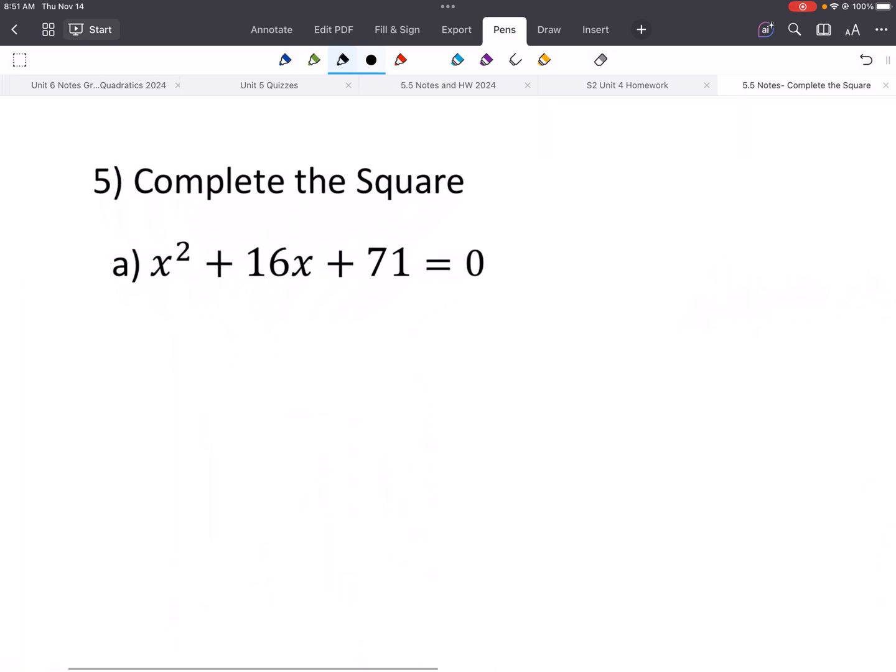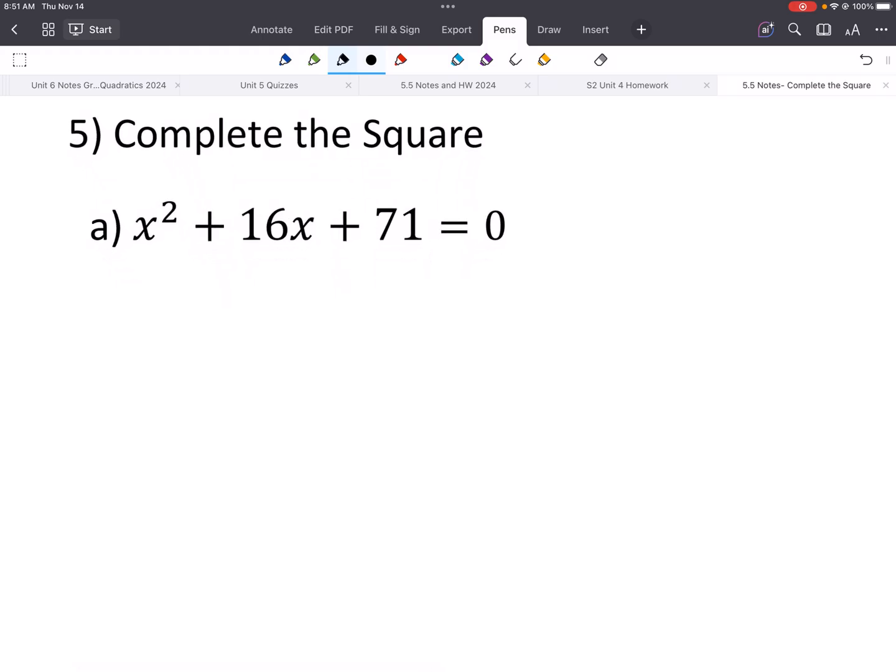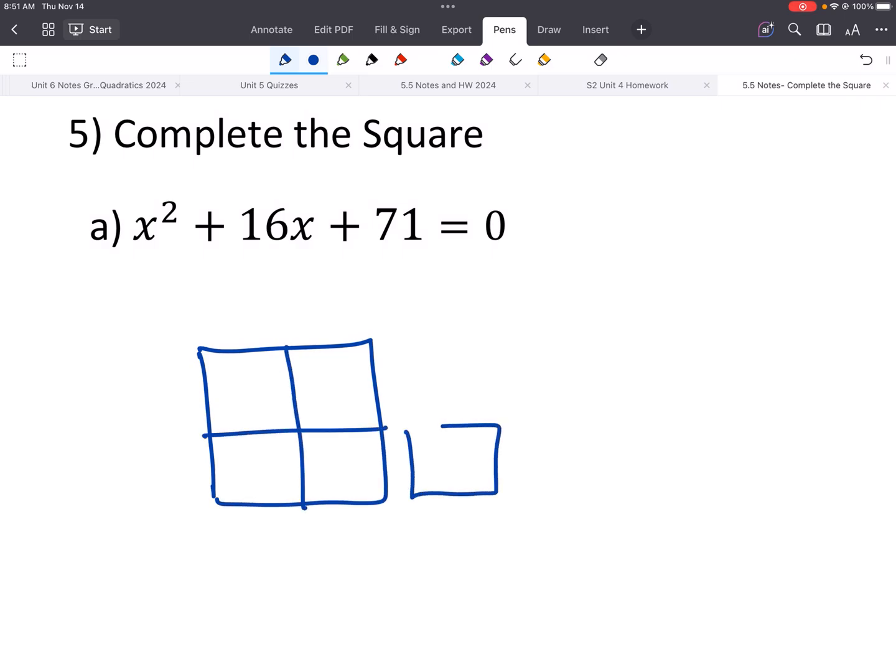Okay, so let's do a couple of these real quick. So really the only thing that's different is when you're done, you're going to need to make sure it's equal to 0 at the end, or y equals, like the other example. Okay, so we'll draw our little box and our extra box, and then we will do our x's.